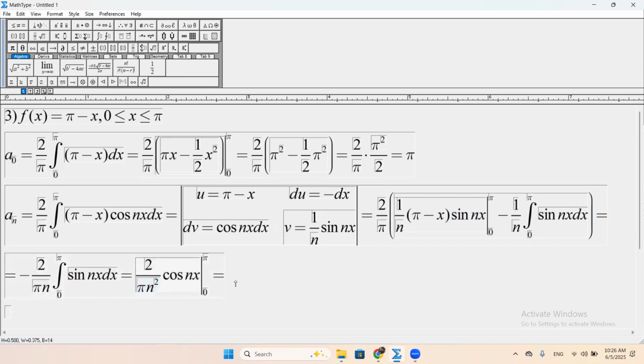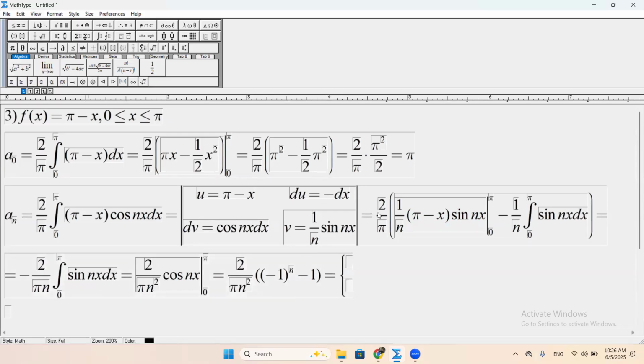So 2 over Pn square multiplied by minus 1 in power of n plus minus 1. And what will it be equal?